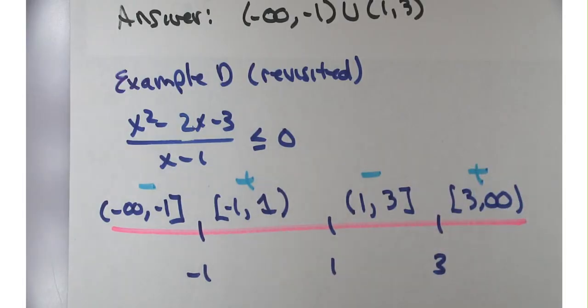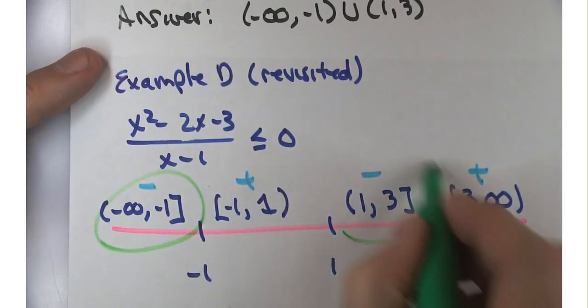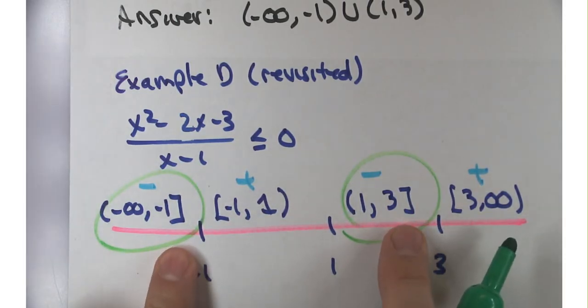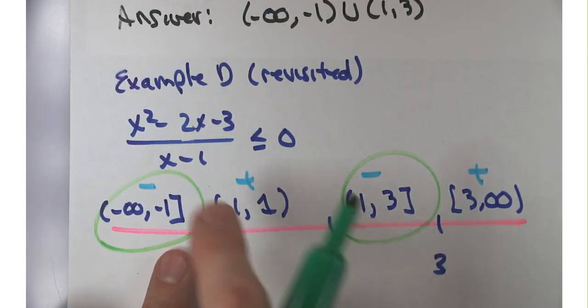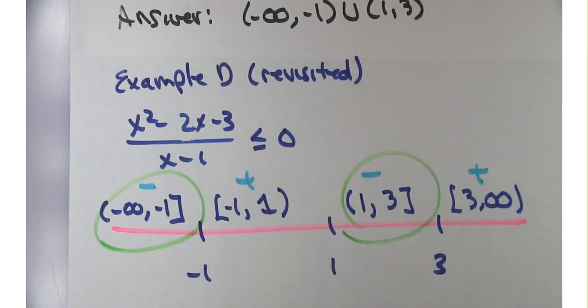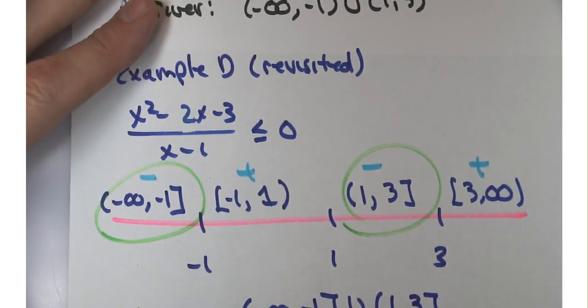We still want the negative intervals. It's just that this time we're picking up a couple of the endpoints. But you can't include any endpoint which makes the denominator equal to 0. So the final answer here is negative infinity to negative 1, union 1 to 3, parentheses and brackets respectively.